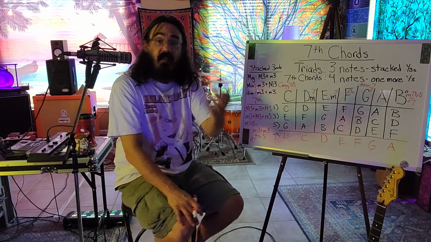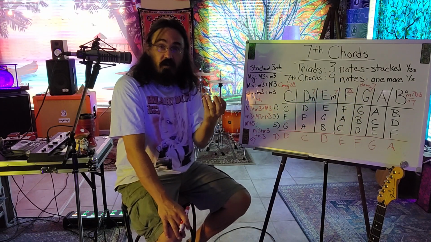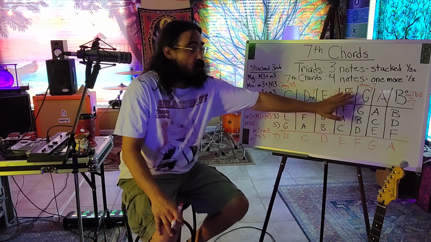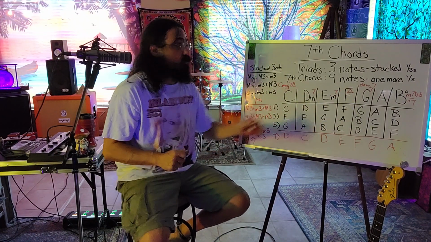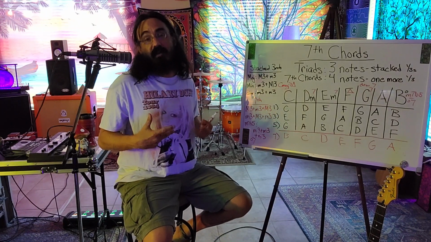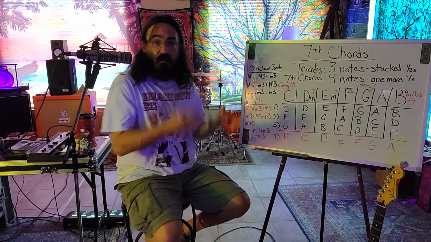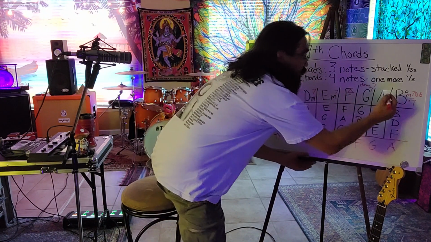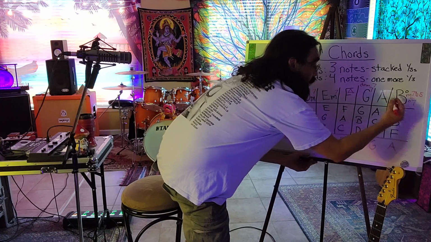So adding these notes is making the chord that much more active. All right, so you add a 7th to the 5 chord, and that activates it big time, and it wants to move. It builds that tension. Okay, and we'll look at examples of that.